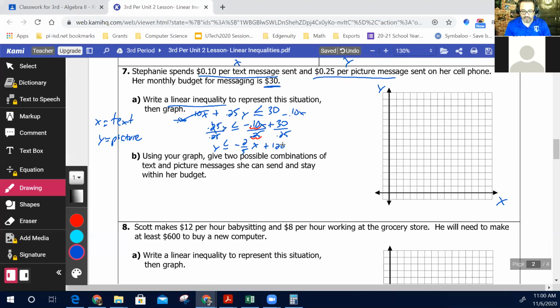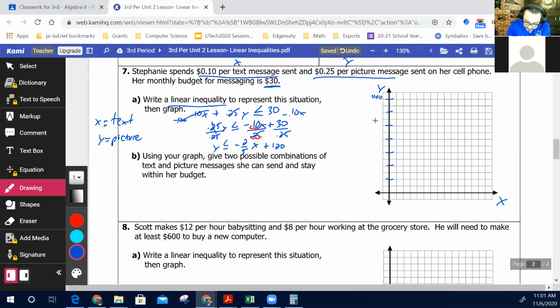I have my y-intercept, but it's 120. So I can't use 1 unit or 1 box is equal to 1 unit because it's 120. So I have to find the appropriate scale. So let's do that. You can probably go like each square would be like 10. So 10, 20, 30, 40, 50, 60, 70, 80, 90, 100, 110, 120, 130, 140.